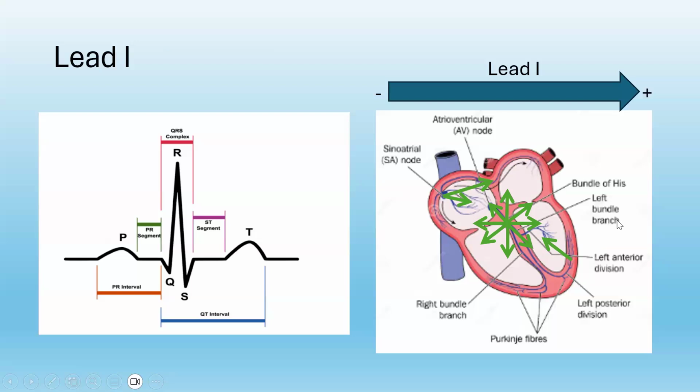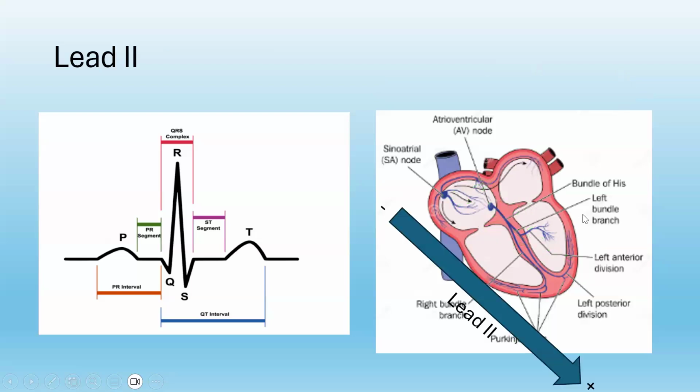of the electrocardiogram. Lead two is very similar, starting at the SA node again, going towards the positive, which causes the P. Then you have this portion of the bundle of His impulses going towards the negative, which causes the repolarization at Q. Then you have these going again in the counterclockwise motion, causing the S wave.